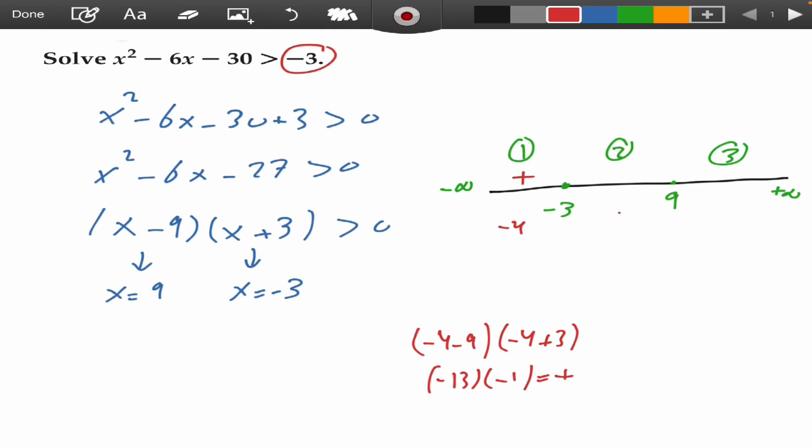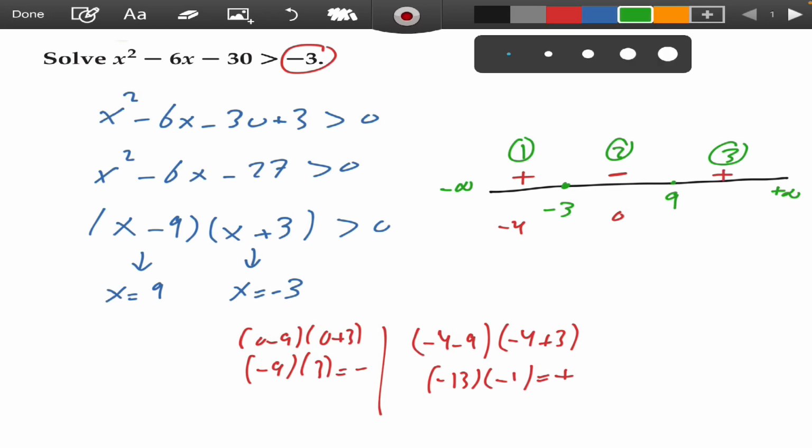Between negative 3 and 9, let's say I'm going to take 0. So 0 minus 9, 0 plus 3 is going to be negative 9 multiplied by 3, which is negative. So the sign here is negative. Similarly, the sign in the third one must be positive. You can check it.